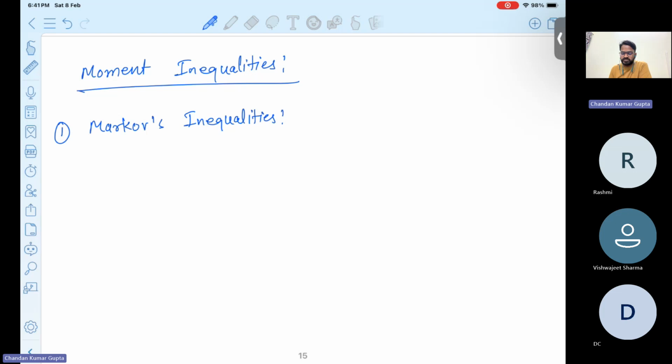Actually, we have an upper bound here. I'm just telling the statement and writing only the final answer. Suppose we have a random variable x here, and this random variable x is positive.